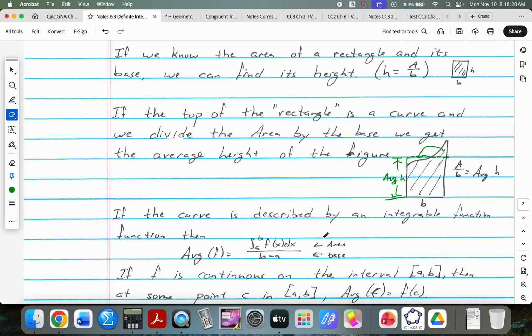Be careful. Do not confuse this with average rate of change. They sound a lot alike. Average rate of change is f of b minus f of a over b minus a. This is the average value of a function. It's giving you the average height, not the average rate of change.